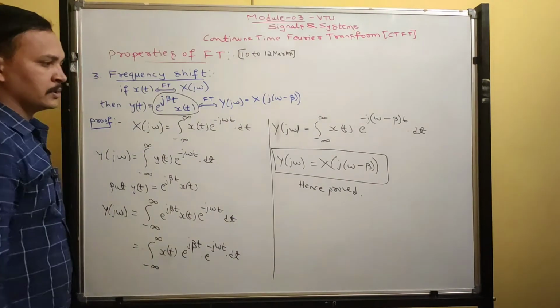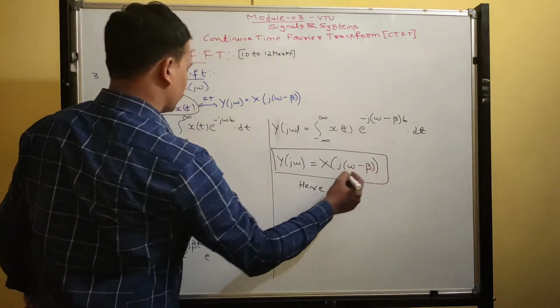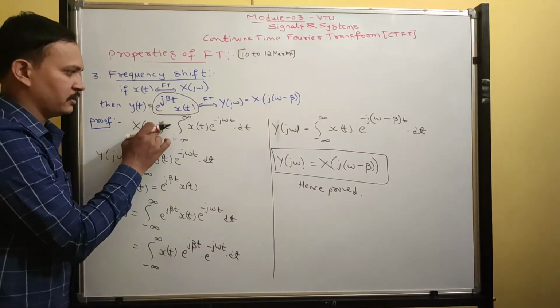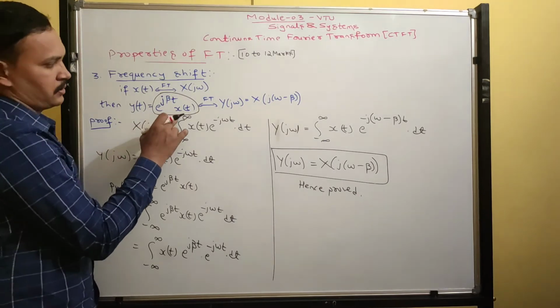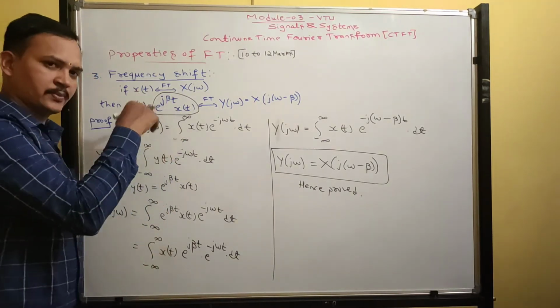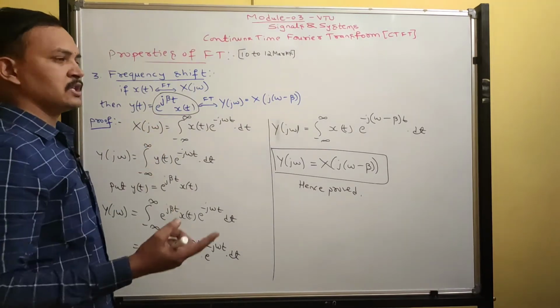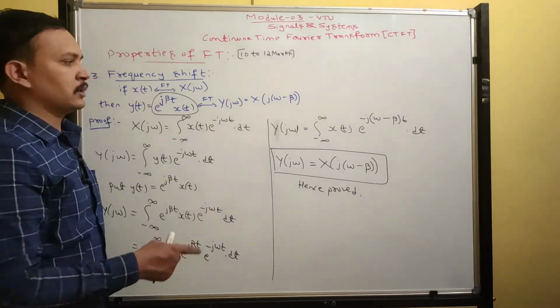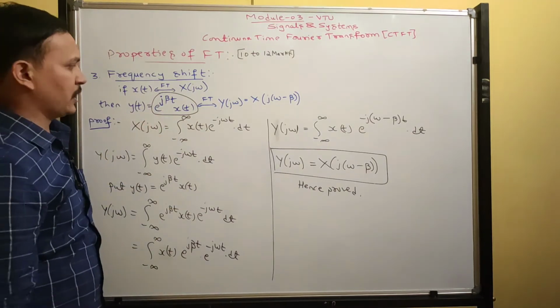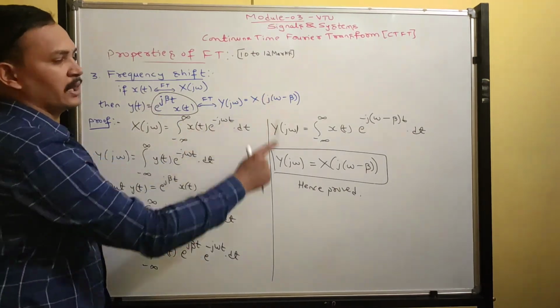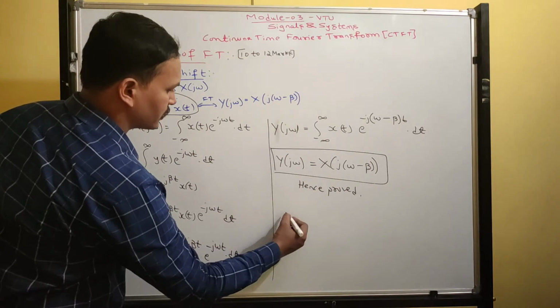Suppose in the time domain you multiply by an exponential signal; in the frequency spectrum it will be shifted with opposite sign. If I take plus j, you will get minus. Got it?